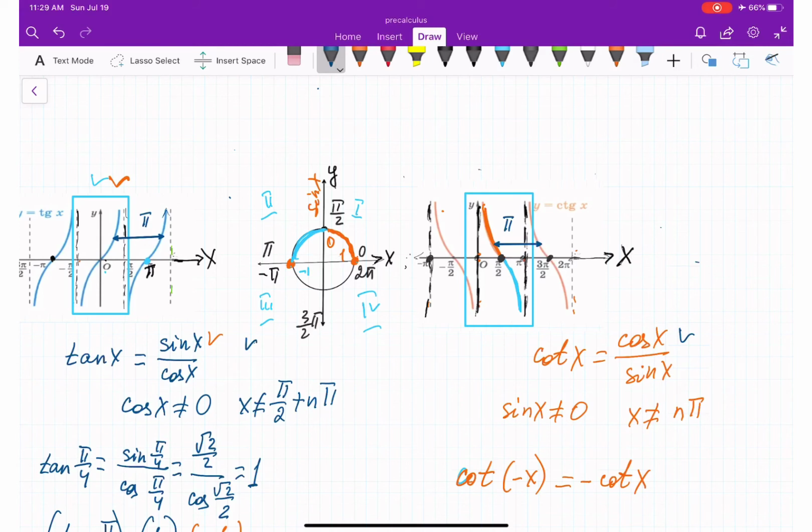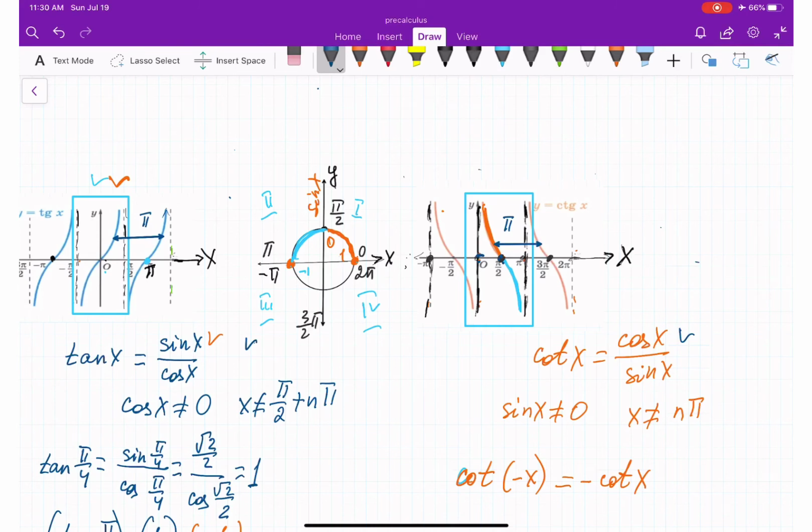And we will also look at when cotangent is positive, when cotangent is negative. So cotangent is positive where? When it's above 0, which is going to be from 0 to half a pi, right? And plus every pi, n times pi, repeated times.